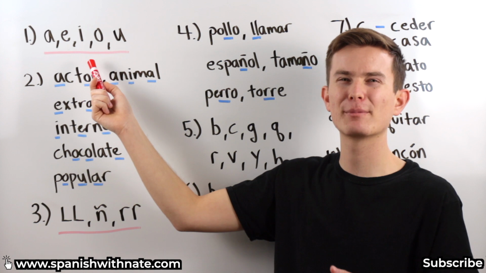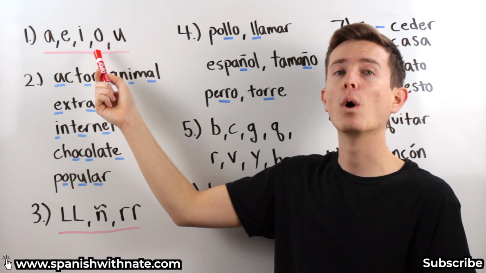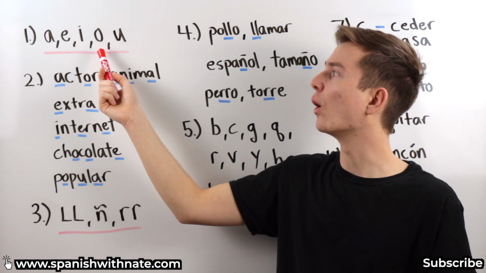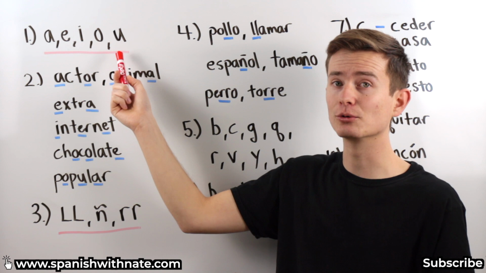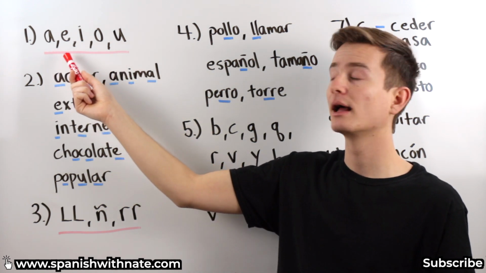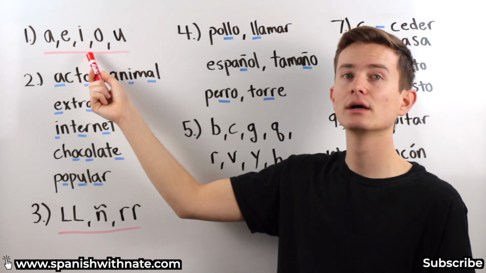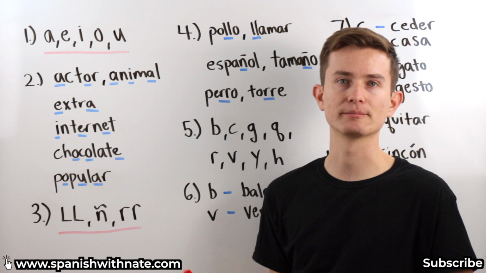Kind of opening up your mouth, making that a circle sound, just like the shape of an O. U, okay? Not "you." So let's go through them: A, E, I, O, U. Really, really important.